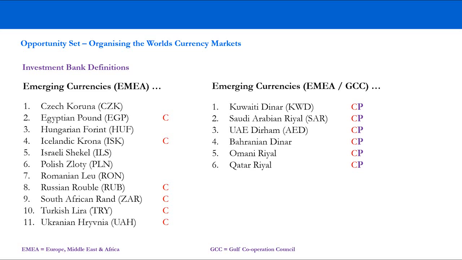So we should know intuitively that in the Middle East, the commodity we're going to be looking at is the oil price, so oil exports of the Middle East. But we also have to be aware that all of our Middle Eastern currencies are in some way pegged to another currency or a basket of currencies of their trading partners.